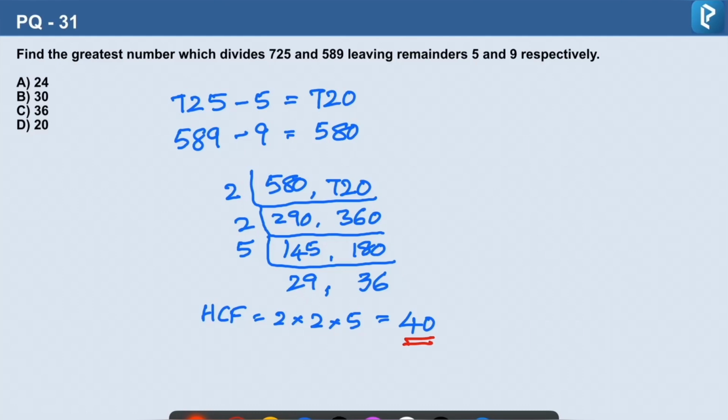So first we subtract the remainders and then find their HCF. So the correct answer is 20. Option D is the right answer.